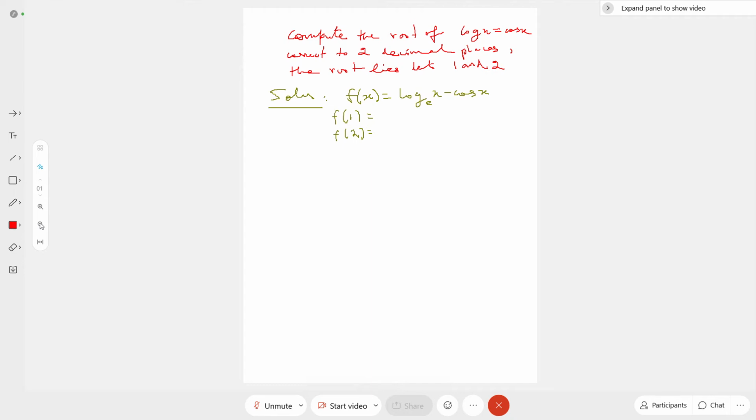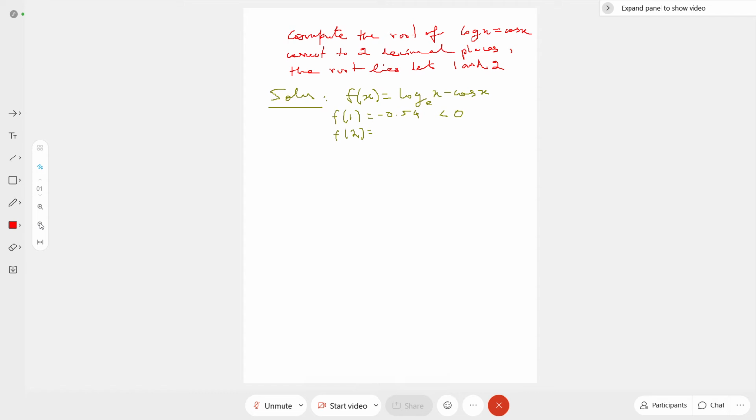Yes, right. Minus 0.54. Srijita, check. Don't forget radian mode for cos, not degree mode. So f1 is minus 0.54. That's negative. Srijita, check your answers.